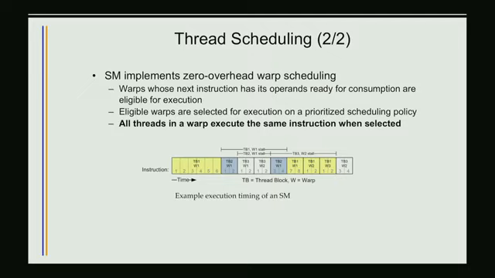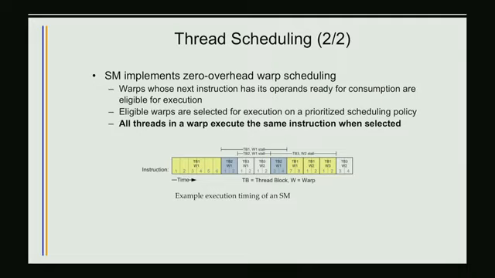His question was, and I'm going to paraphrase, what if a thread block contains fewer than 32 threads? In that case, we have a warp that has fewer than 32 threads within it. So it's not a full warp. Okay, that's fine. And we're going to see many examples of that shortly.